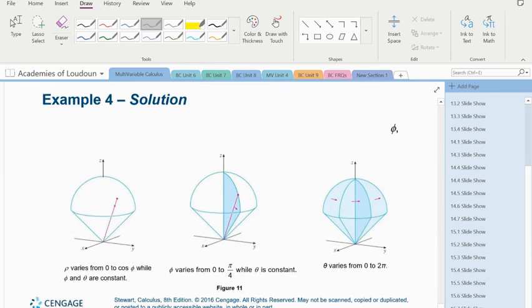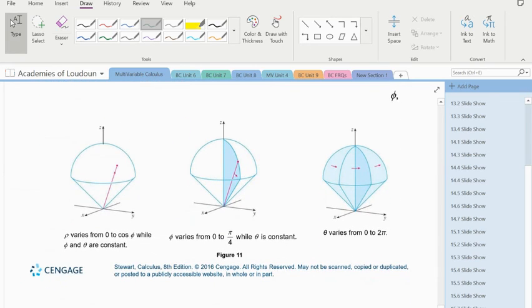Now we can see in figure 11 how E is swept out if we integrate first with respect to rho, and then phi, and then theta.